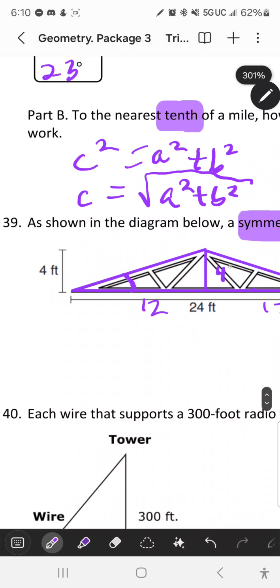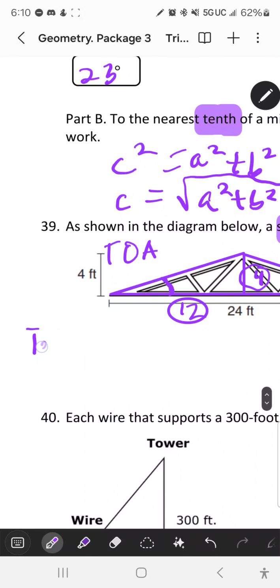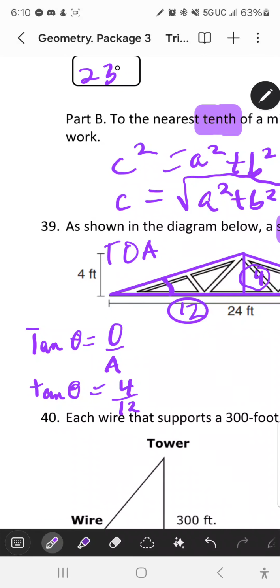Now if I want to know the angle, I can see that I have the opposite and I have the adjacent. This is just my identical trigonometry, TOA, like the soccer TOA. So the tangent of the angle is equal to opposite over adjacent. So the tangent of this angle will be equal to 4 over 12.